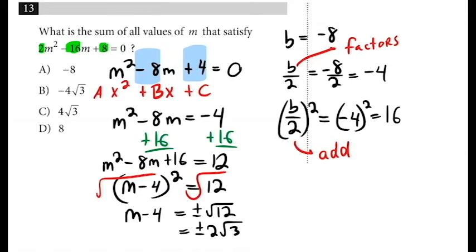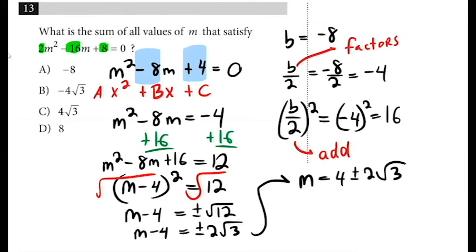So we'll say 2 root 3 on the right-hand side, and still m minus 4 on the left-hand side. Now if we add 4 to both sides, we'll have 4 plus or minus 2 root 3. So our two answers are 4 plus 2 root 3 and 4 minus 2 root 3. The sum of our two answers is to add those two things. So we have 4 plus 2 root 3 and 4 minus 2 root 3.